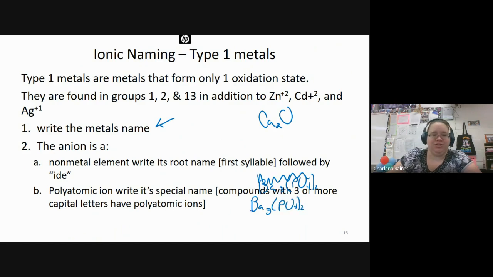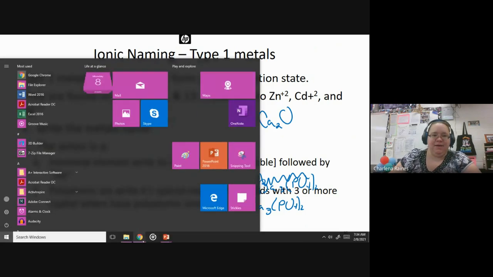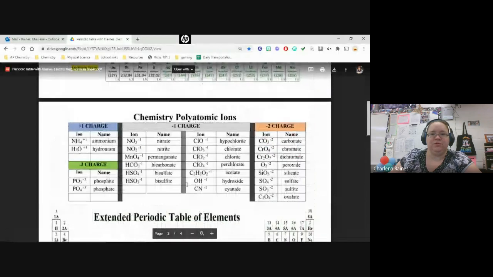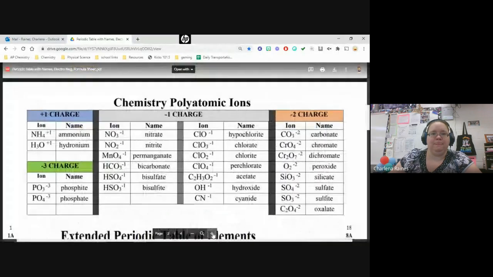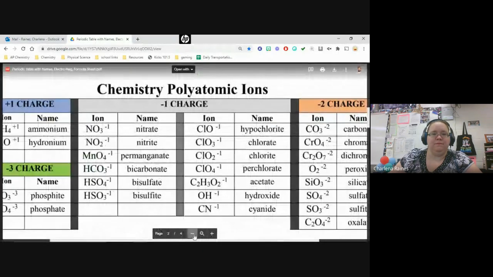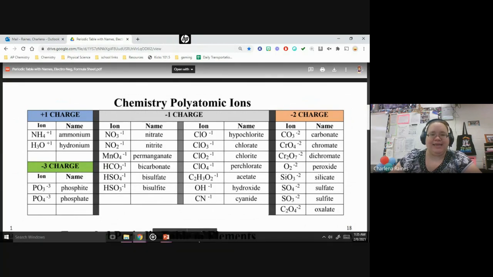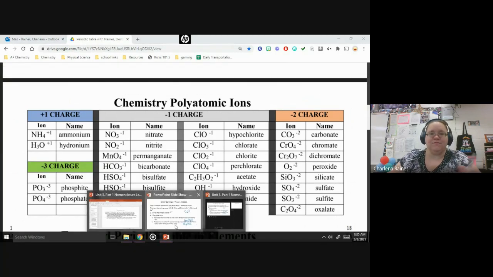So I look on my little cheat sheet and I see that my polyatomic's special name is... PO4 is phosphate. Your polyatomic, with the exception of NH4, are always at the end of the compound.